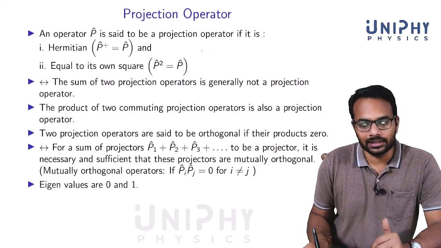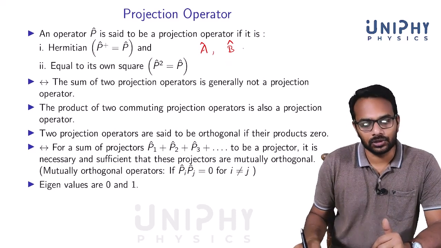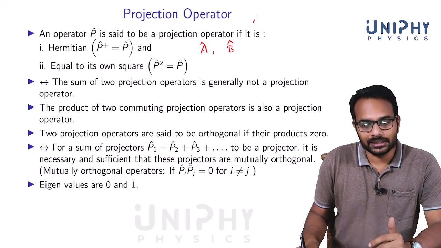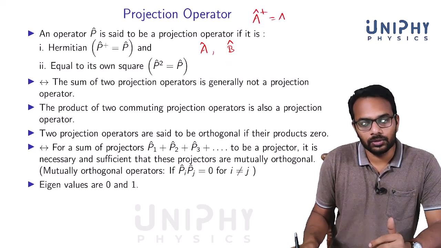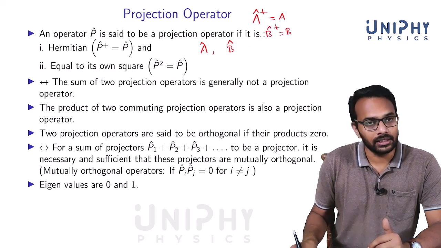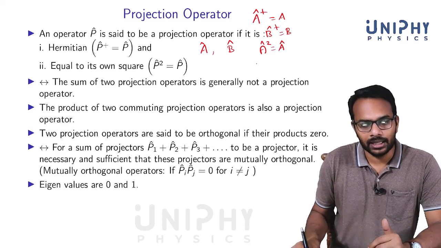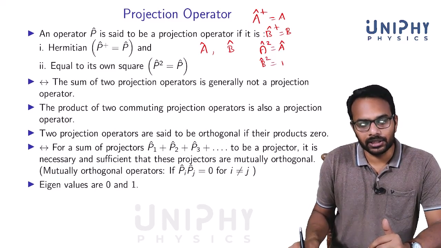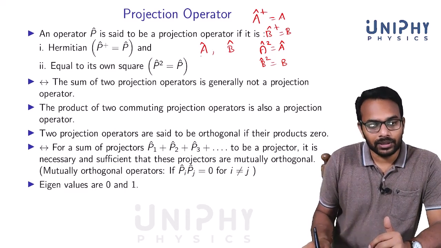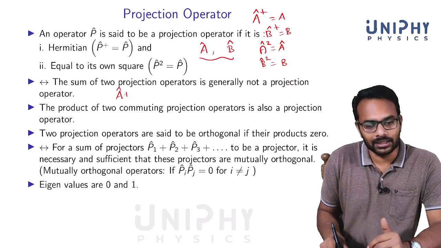Suppose A is a projection operator and B is another projection operator. This means that A has to be Hermitian and B also has to be Hermitian. Not only that, A square has to be equal to A and B square has to be equal to B. Now we can easily check whether A plus B is a projection operator.